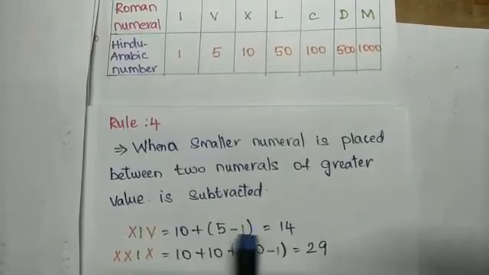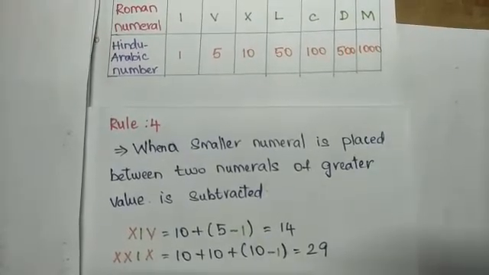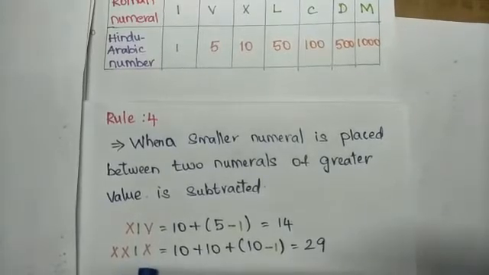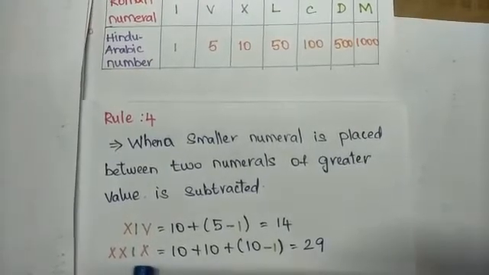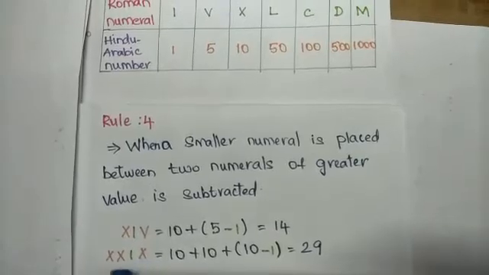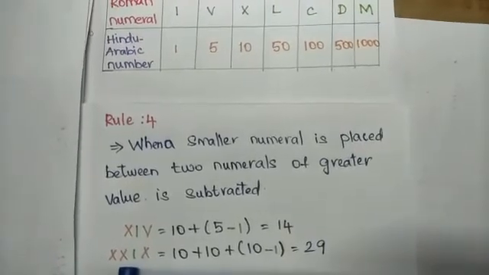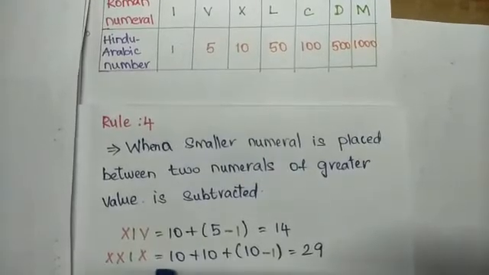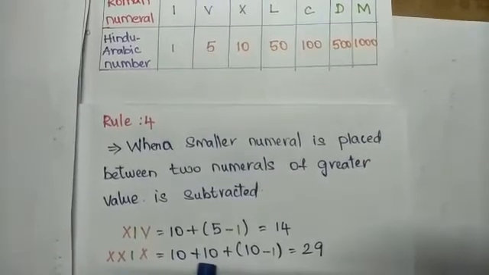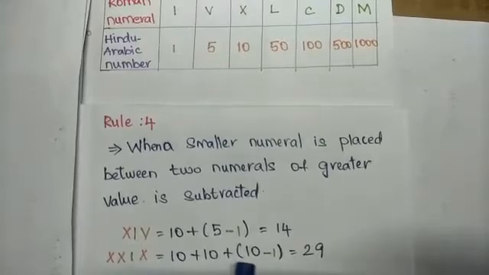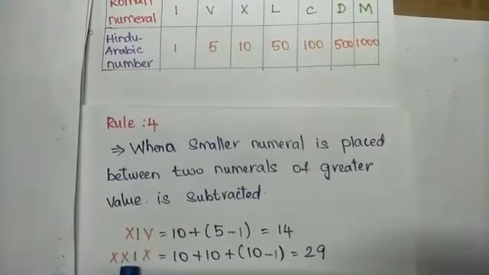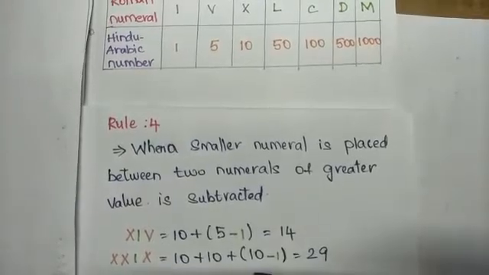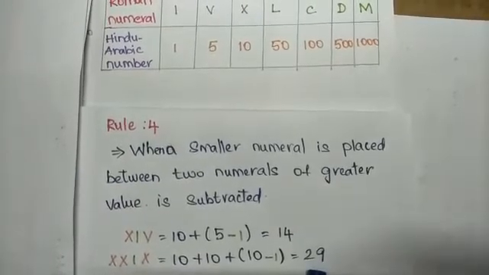So 10 plus 4 comes to 14. Now here they have given X, I, X. Here it is a greater value and here it is also greater. The middle one is the smaller. So we have to subtract the smaller numeral. X is 10, plus 10, and here they have given I, so we have to do minus 1. So 10 plus 10 minus 1, we will get 29.